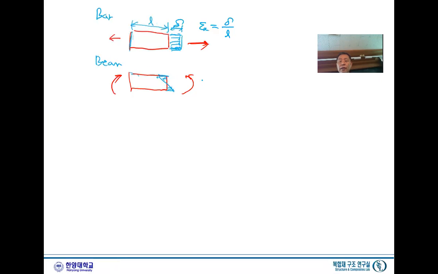So this is the epsilon x. This is x and this is y. And as you can see, epsilon x for the bar was uniform, just constant. But epsilon x is now proportional to y. So top is a minus, bottom is a plus.